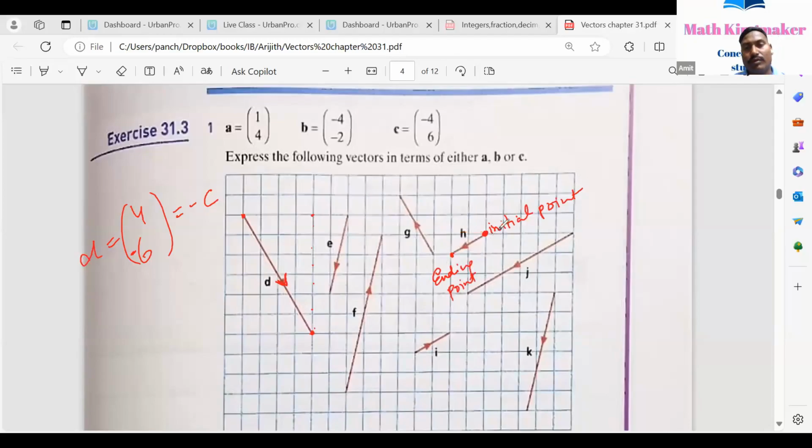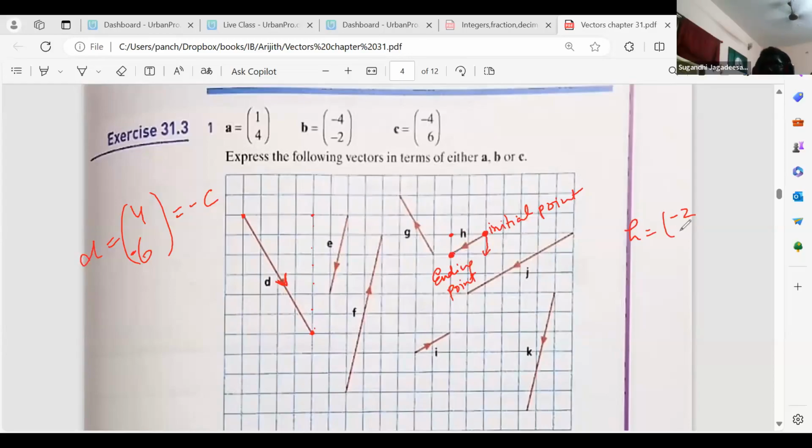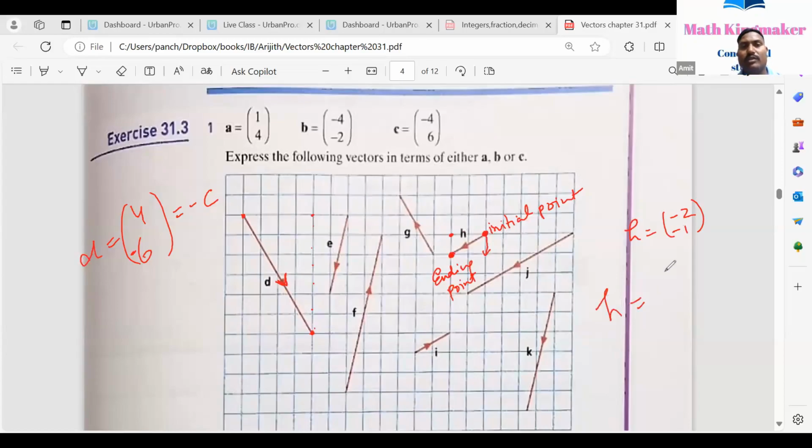So by observation of your initial point and ending point, you can see in the x direction whether you are going left or right. So you have to come left, so h will be -2. And for y, you have to come downward, so it is -1. So just tell me what can be written as h in terms of A, B, C.